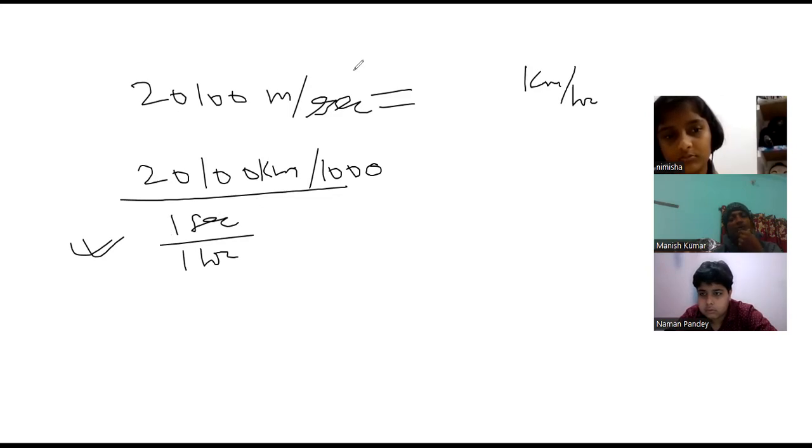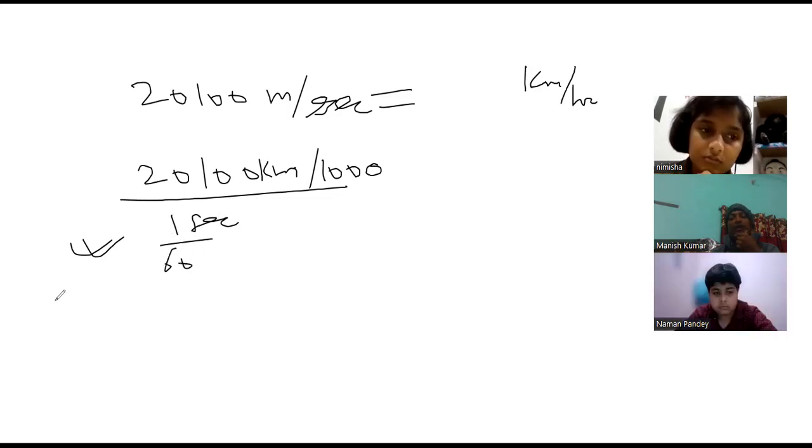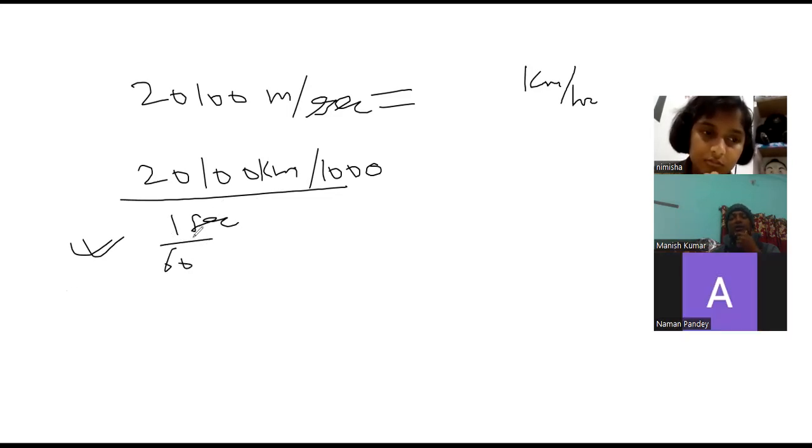Nimisha, you try. So it will be 1 divided by 60. If you are dividing seconds by 60, it is converted to what? Minutes. Then do you have to convert to minutes or hour?